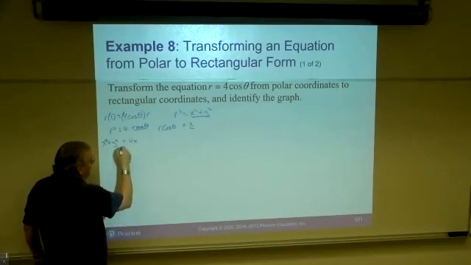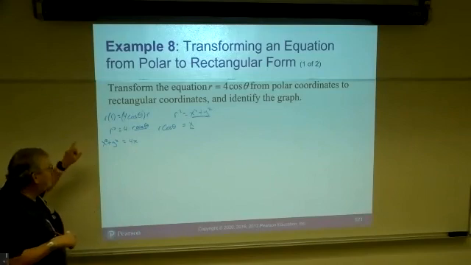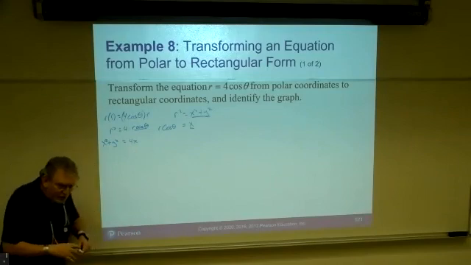What we need to do is, since we have x squared plus y squared, we know we have a circle.